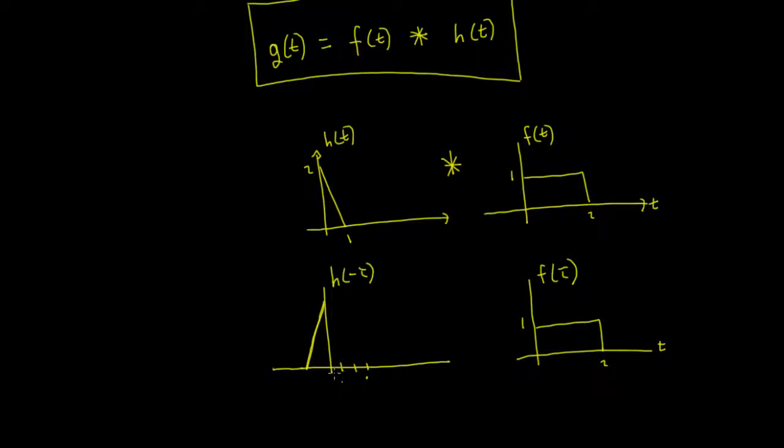If we slide it along to t1, we would have that function slid along the axis, or to t2, and we can just continue sliding that function along the axis.